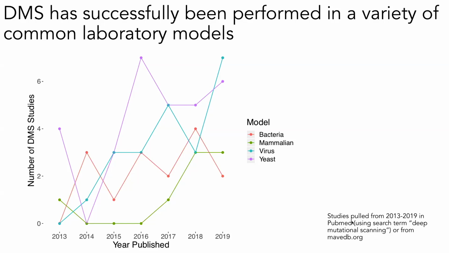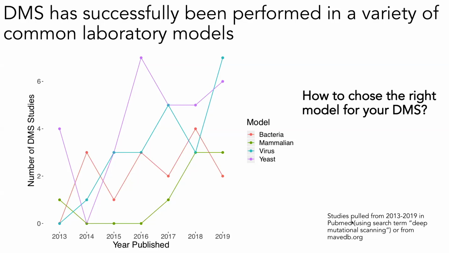And there really doesn't seem to be any hard and fast rules about determining which proteins are suitable for which model systems. So I think there's a lot of flexibility inherent in this, which leads us to the question, okay, how do we go about picking the right model system for our particular deep mutational scan?